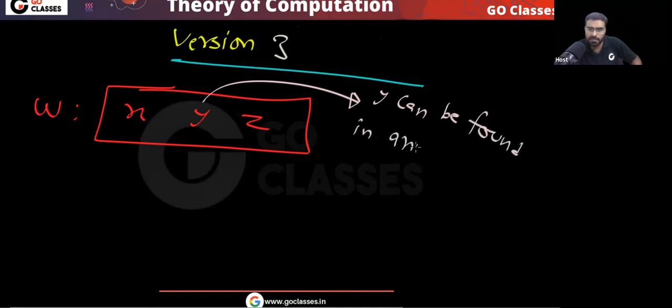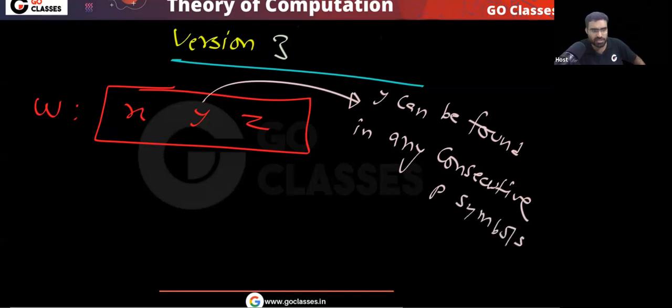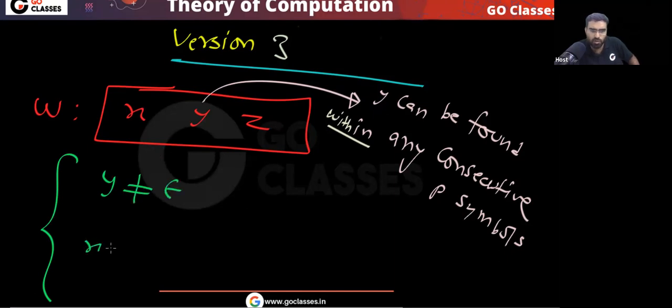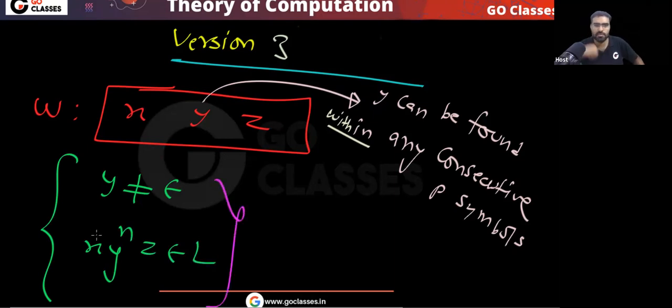So there is no restriction on the position of Y. The only restriction is Y is non-empty, and also you can repeat this Y any number of times. So basically, this is your version 3. There is no restriction on the position of Y.